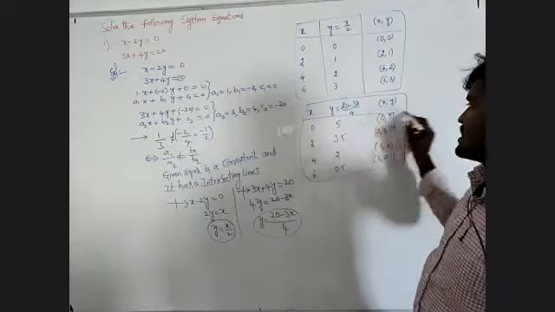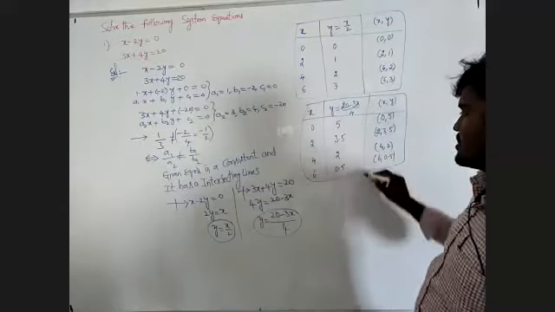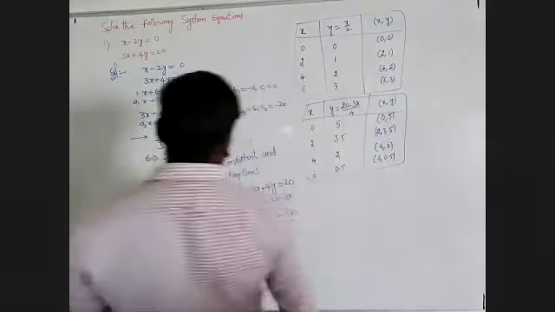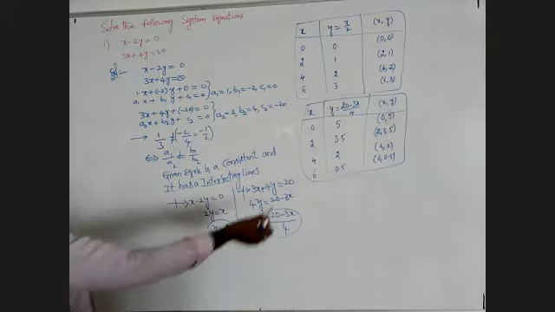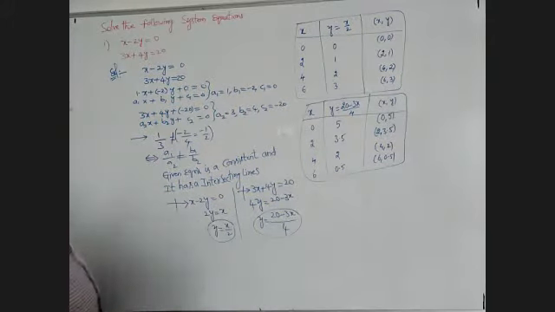Both linear equations' values are as follows. We have to draw a graph. This is only for rough work. We have to find out the value of y. And also I have to take the graph.